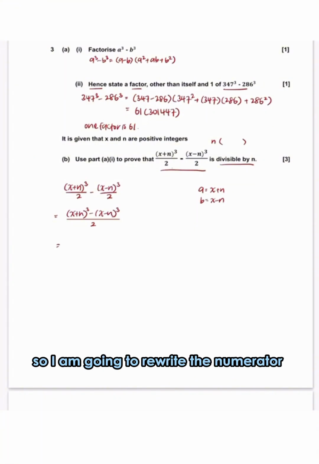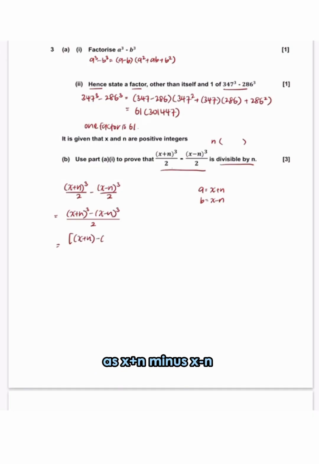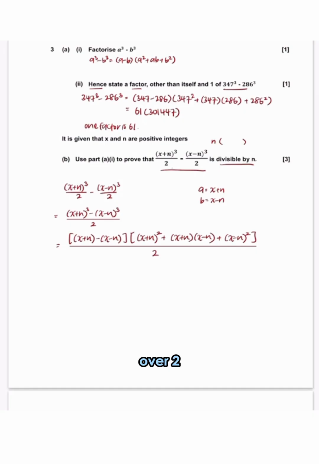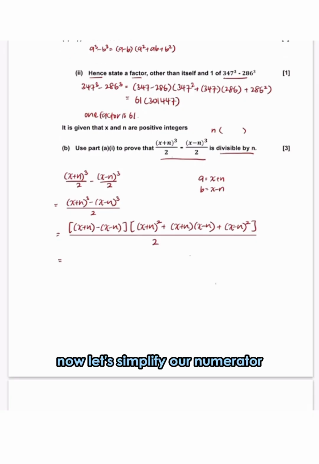So I am going to rewrite the numerator as (x plus n minus x minus n), okay, multiplied by (x plus n) squared plus (x plus n) times (x minus n) plus (x minus n) squared, okay, over 2.